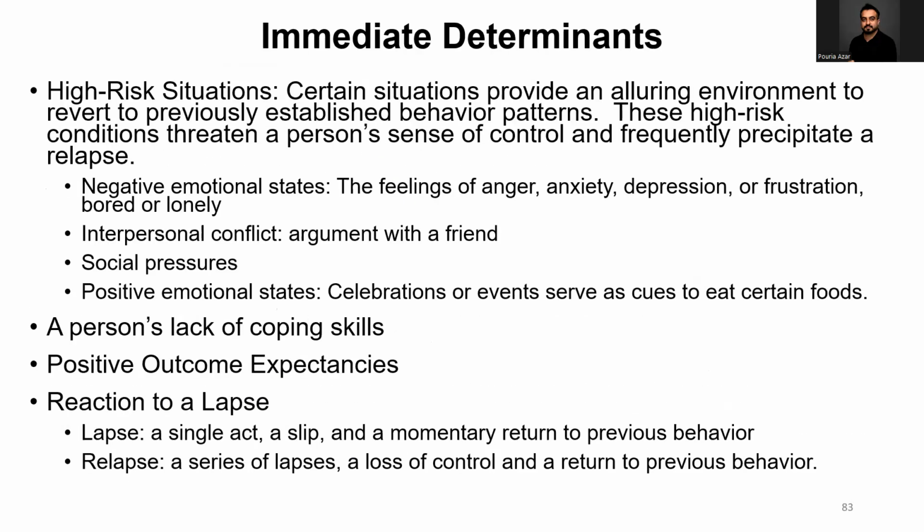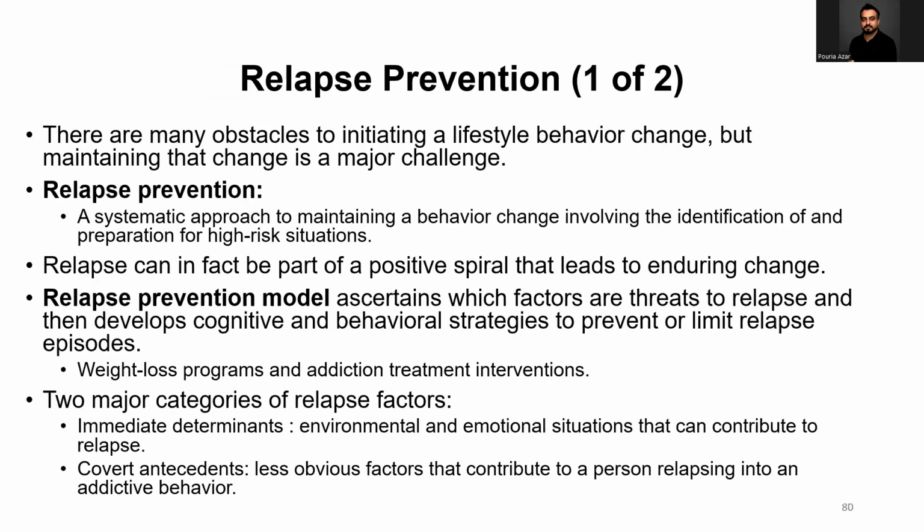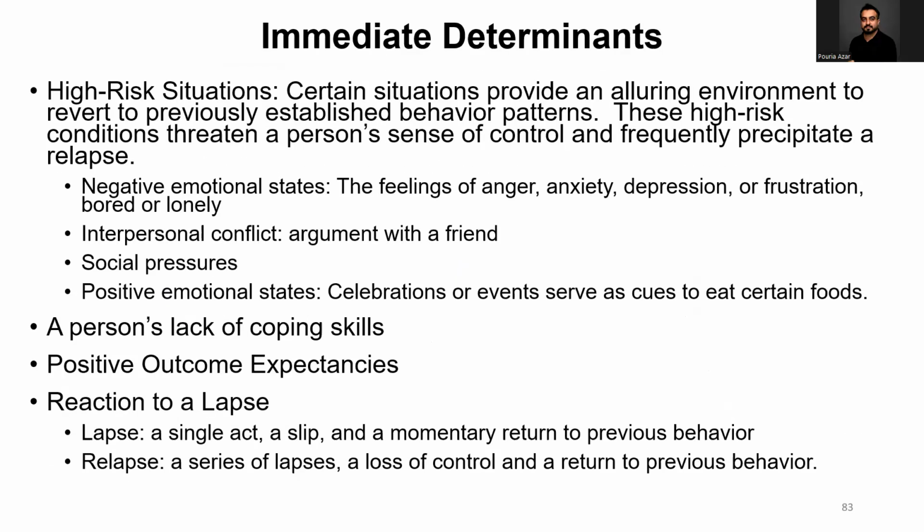So, as I said, there are two major categories of relapse factors, one of which is immediate determinants. Immediate determinants can be high risk situations, a person's lack of coping skills, positive outcome expectancies, and reaction to a lapse.